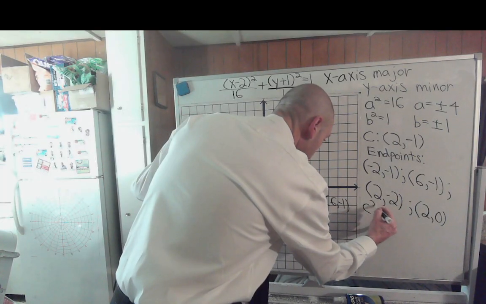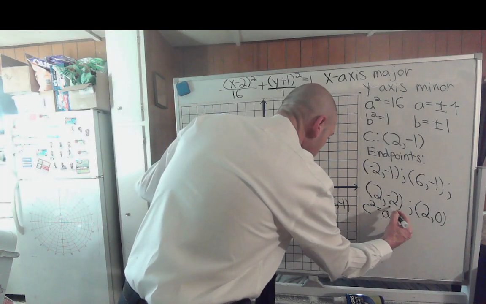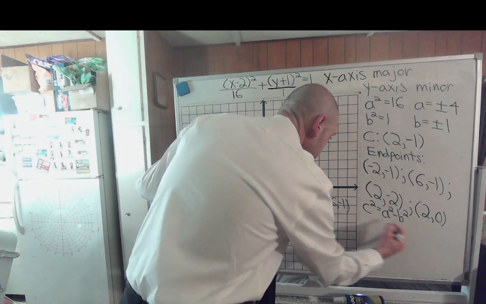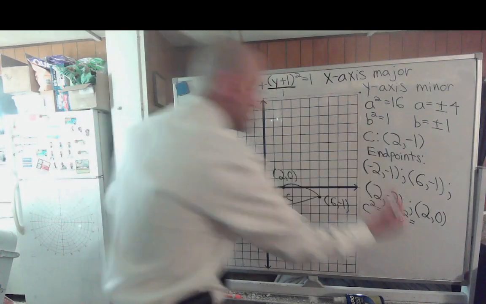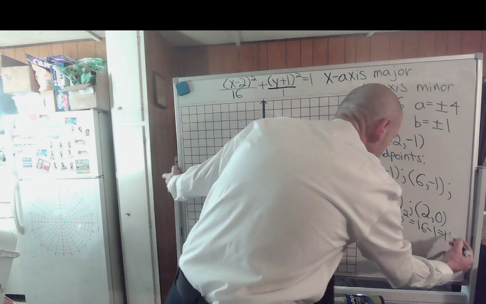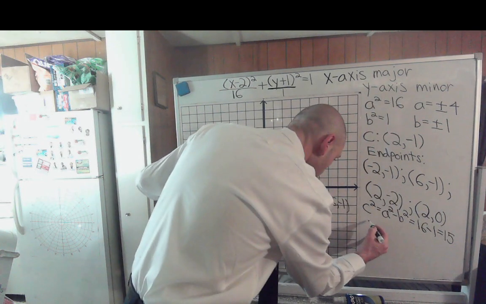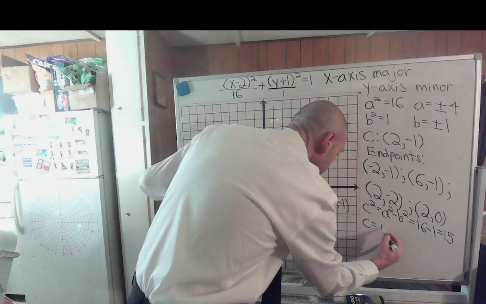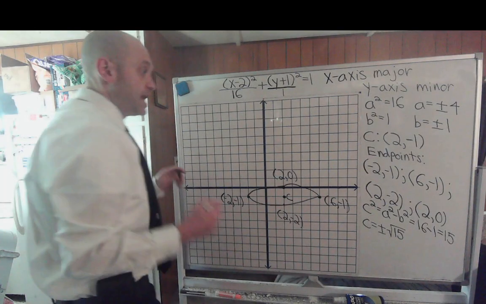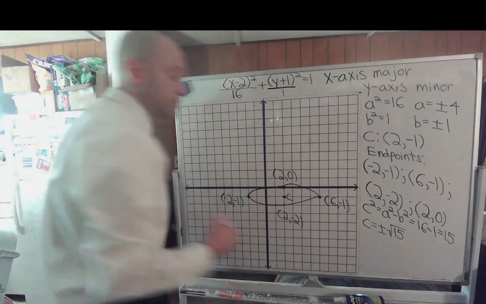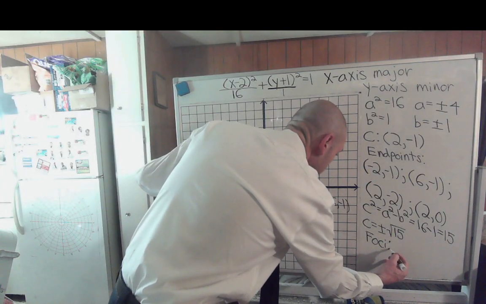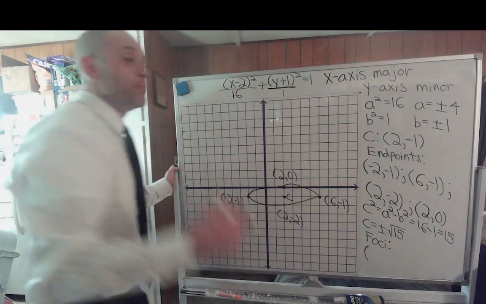So c squared equals a squared minus b squared, which in this case is a squared, 16, minus b squared, which is 1. That equals 15. So c equals plus and minus the square root of 15. So now what I have to do to get the coordinates of my foci, once again, the foci are based off of your major axis.